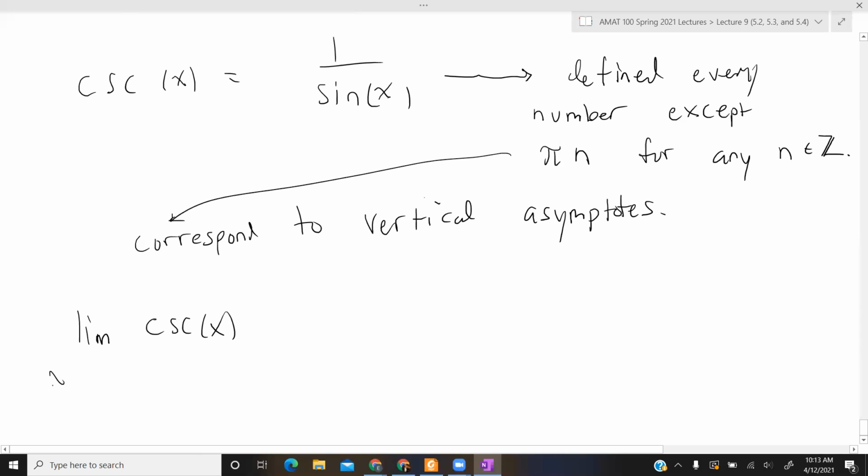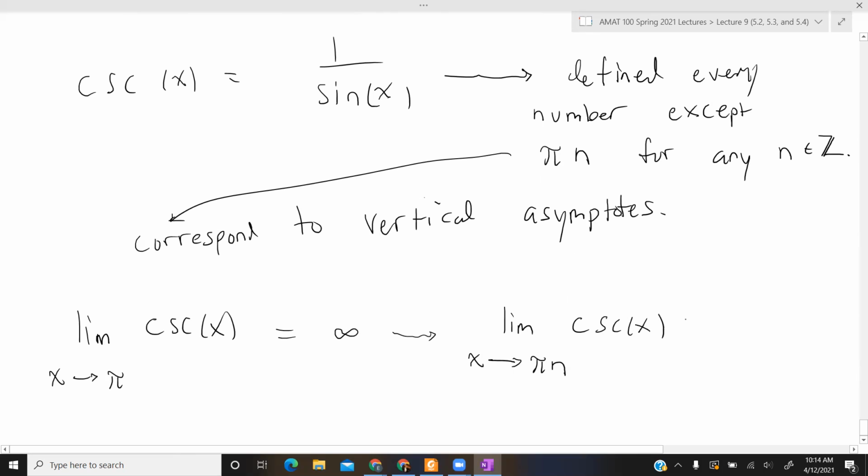But as x approaches pi, it's going to be infinity. In fact, that's going to generalize. If you take the limit as x goes to any number of the form pi times n, one of these points where it's not defined, it's going to correspond to a vertical asymptote.